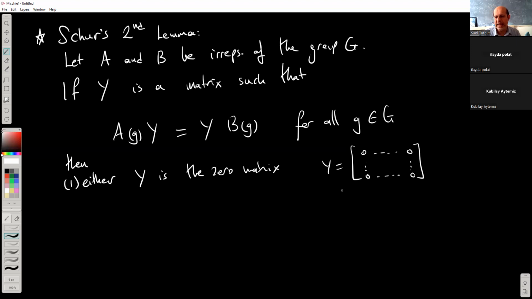That's probably a rectangular matrix, but in any case, let's say it like that. Or Y is invertible, meaning that the inverse exists, and A is equivalent to B.